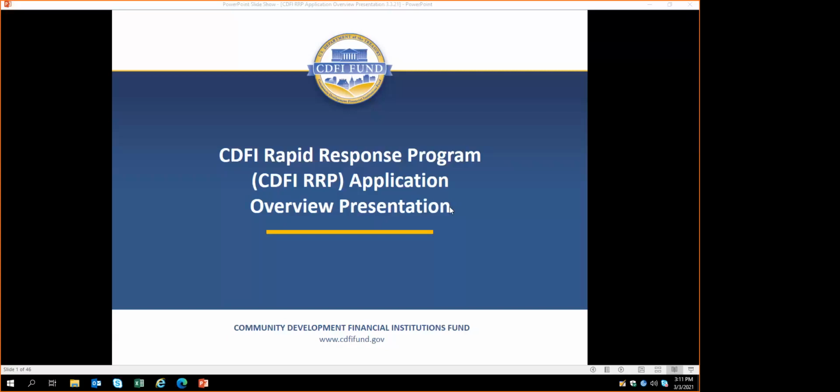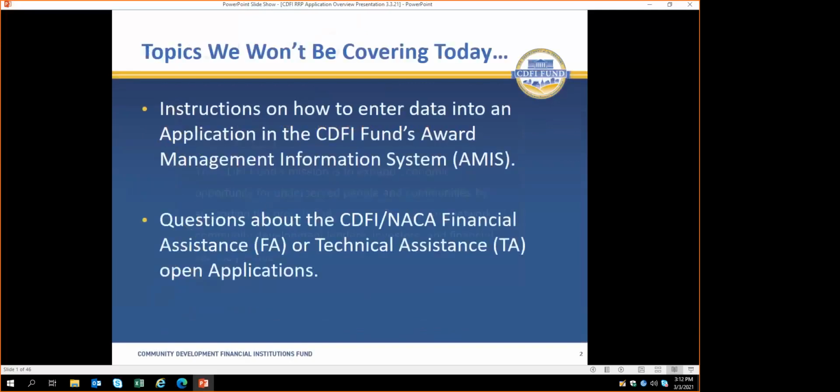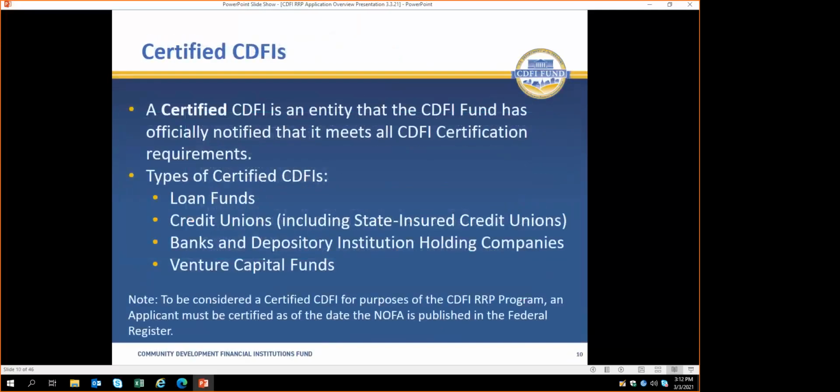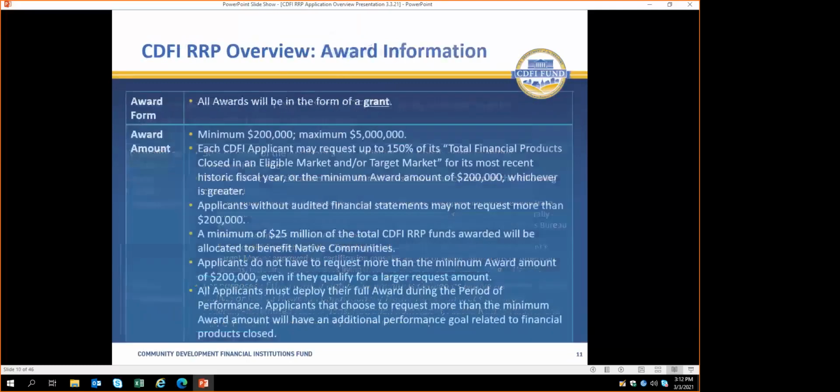First, for the thing I will categorize as operations or admin costs, there was that 15% or $200,000. And so I think it would be $200,000 for that, possibly. And then for the rest of it, there was something about 70% of the whole award had to be for financial services, financial products. And so that would be $700,000 if you had to do that.